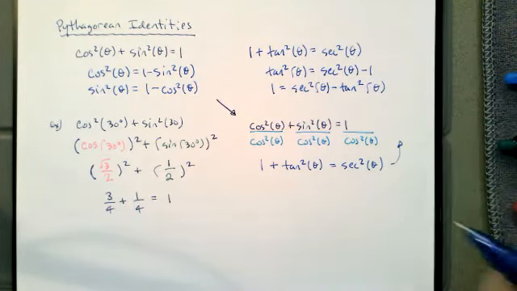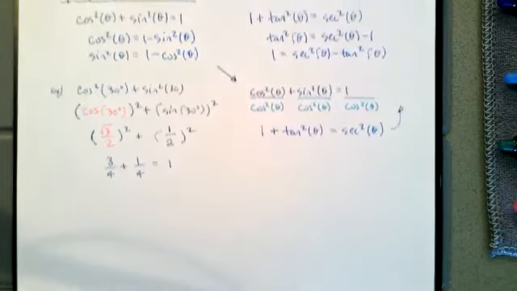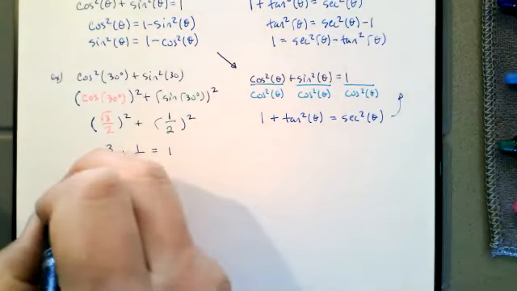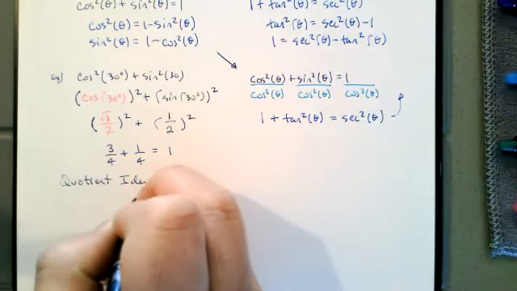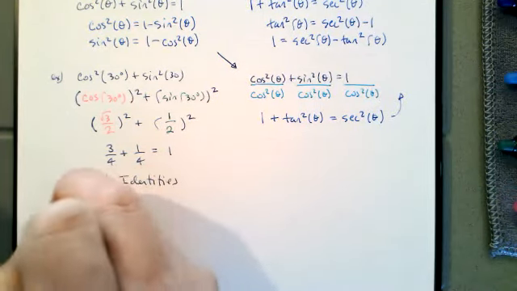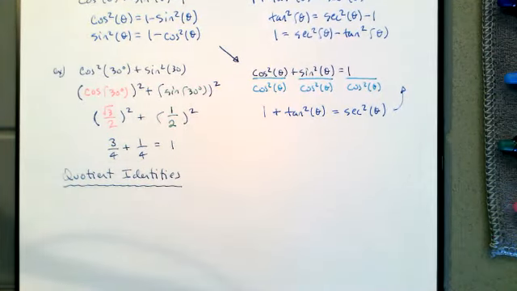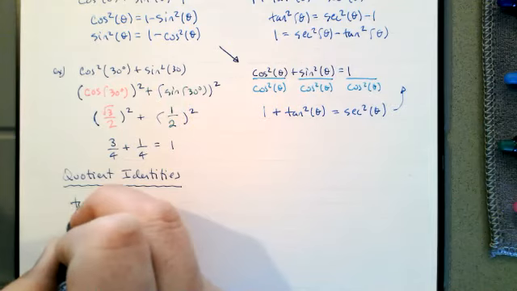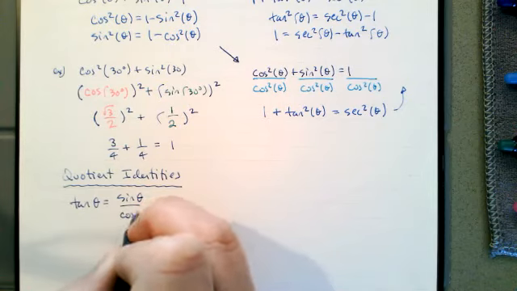So in this case, I use this important relationship here, the relationship between sine and cosine and tangent. So these are quotient identities, because it expresses one trig function as a quotient of some other trig functions, specifically that tangent of theta is sine theta over cosine theta.